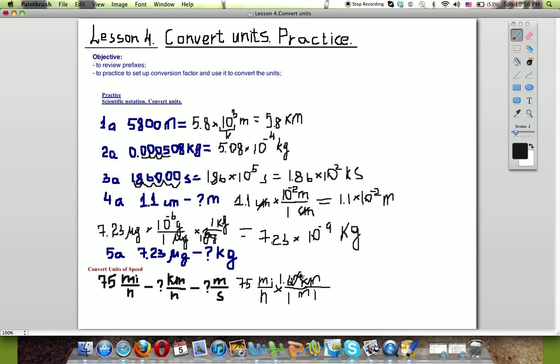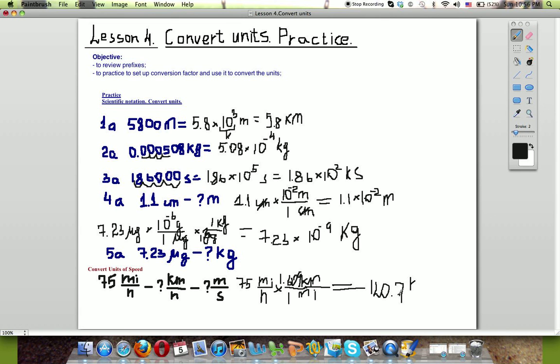So after I've done the math, if I multiply 75 times 1.609, I'm going to get 120.675, but I'm going to round it up, so 120.7 kilometers per hour.